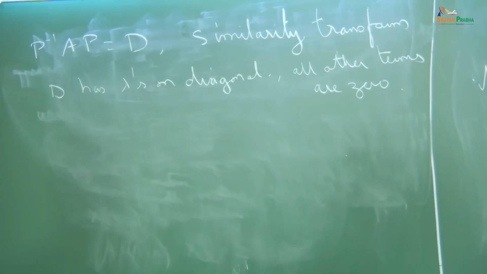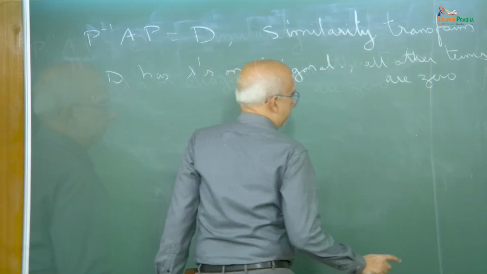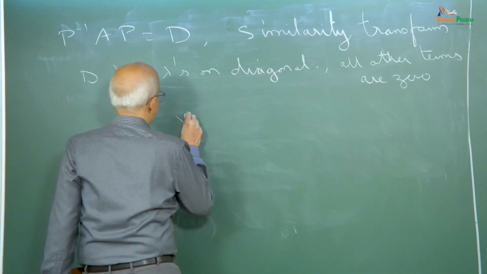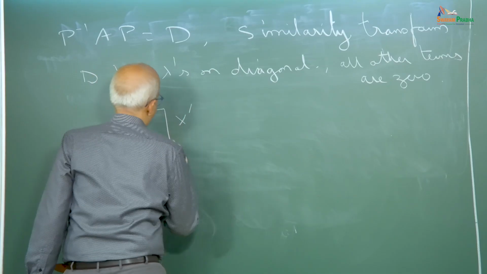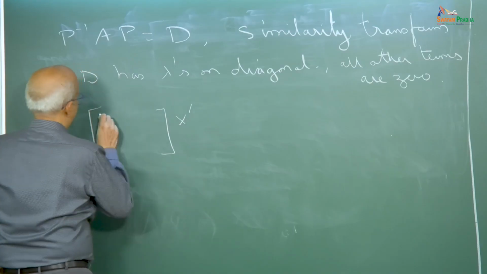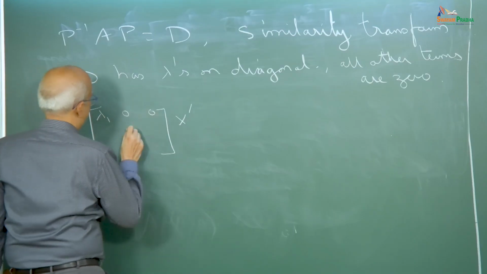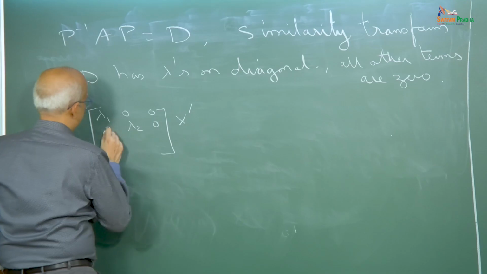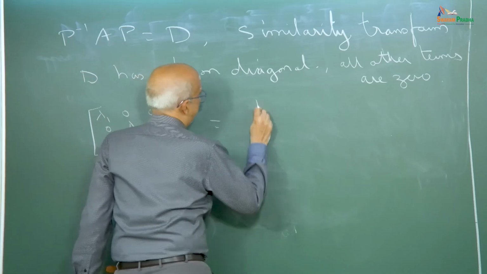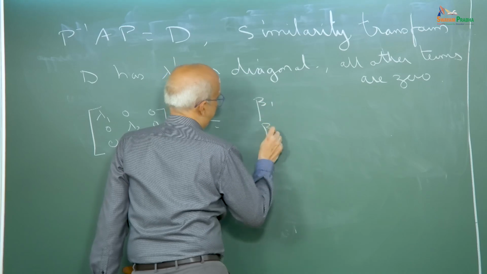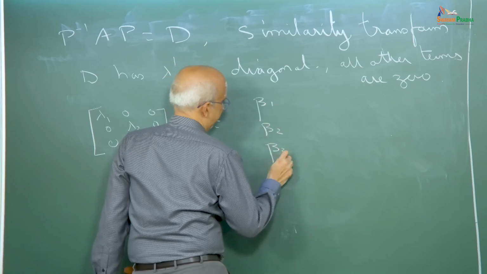So, now x dash multiplied by the matrix with lambda 1, lambda 2, lambda 3 on the diagonal equals beta 1, beta 2, beta 3.